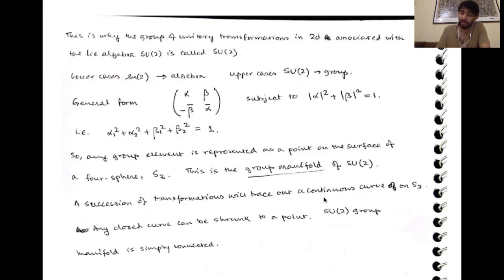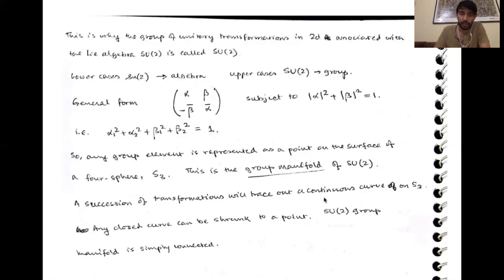So what we have learned from here is that the representatives of this group are going to be these 2x2 matrices, which are given by these entries alpha, beta, minus beta bar, alpha bar, and this is subject to alpha squared plus beta squared equal to 1.